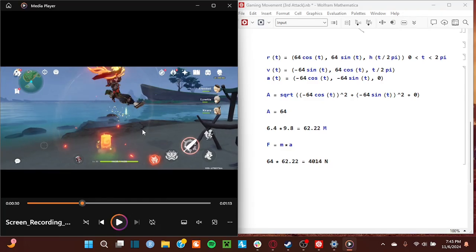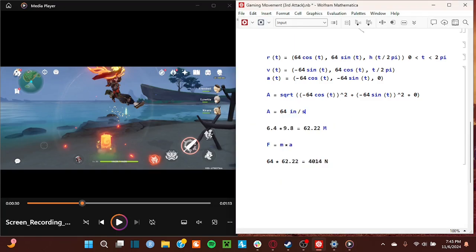This is inches per second, excuse me, inches per second, and this would probably be squared. But with these two measurements, we now know that Gaming, with that third move in his swings, has to use about 4,014 newtons of force to move his blade from that bottom position we see him in all the way up to the top for him to begin that final swing.